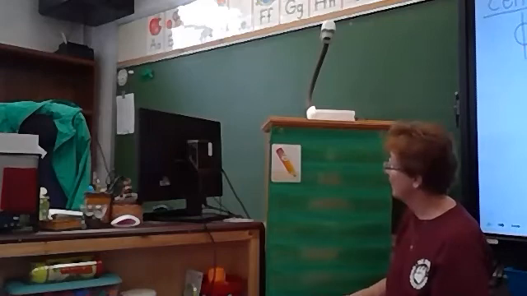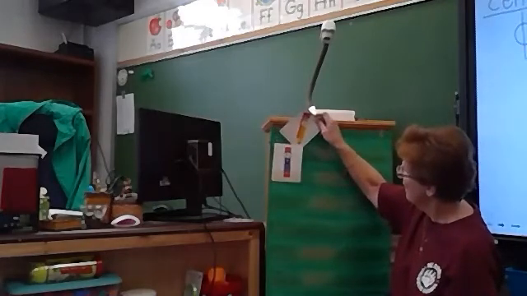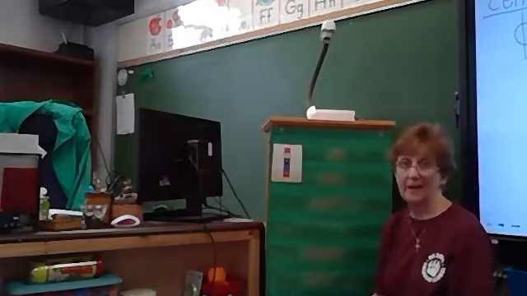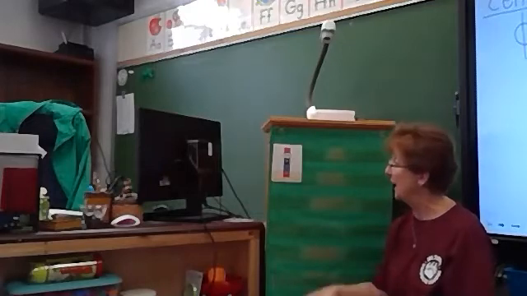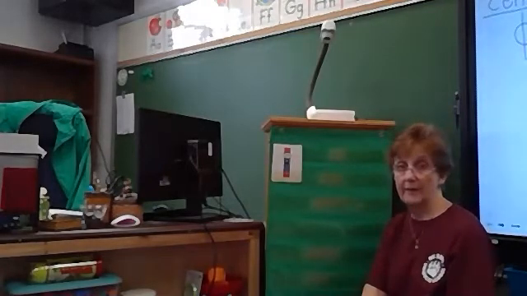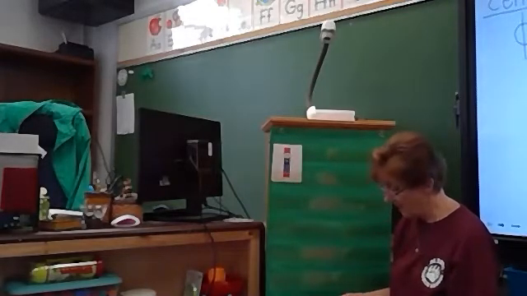Let me take my coins out. Let's see what else is available to purchase at the store. Oh, a glue stick. We can always use a glue stick, although I do like our glue sponges better. Okay, less messy. And here we have 10 cents. Okay, glue stick is going to cost 10 cents.